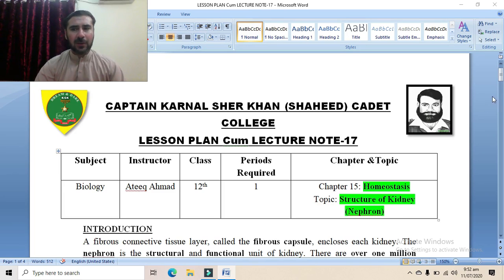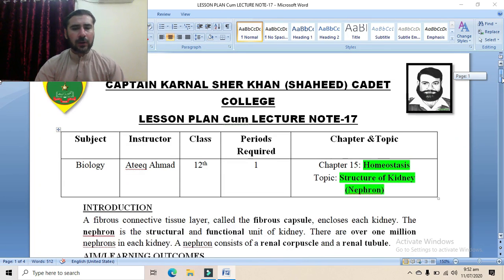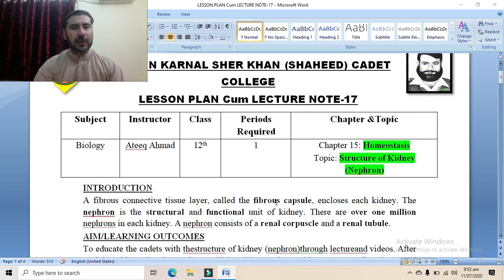This fibrous capsule is made of elastin and collagen proteins, which have the ability of flexibility as well as toughness. The function of the fibrous capsule which encloses the kidney is to protect the kidney as well as to support this vital organ.